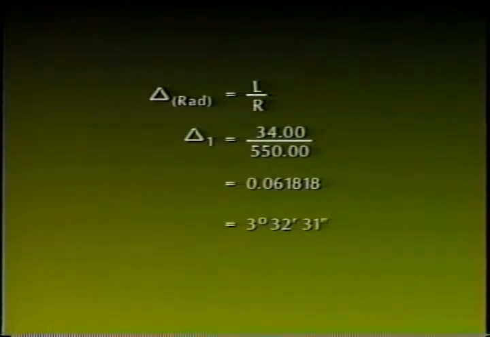Assuming a radius of 550 feet, delta sub 1 equals L sub 1, 34 feet, divided by radius, 550 feet, equals 0.061818 radians, which converts to 3 degrees, 32 minutes, and 31 seconds.